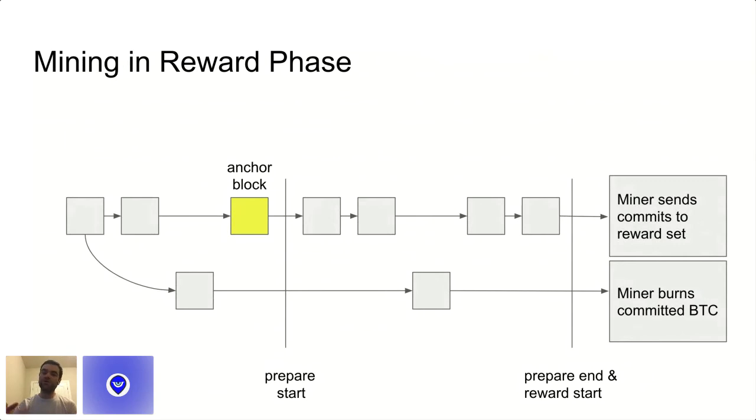So if miners are continuing to mine off of these two forks, miners that are mining on the top fork, because it's a descendant of the anchor block, they're actually committing their Bitcoin to addresses chosen out of the reward set. If a miner is building off of the bottom fork, because this fork is not descended from the anchor block, these miners actually burn their committed BTC. So those miners are, in some sense, falling back to a proof of burn system.